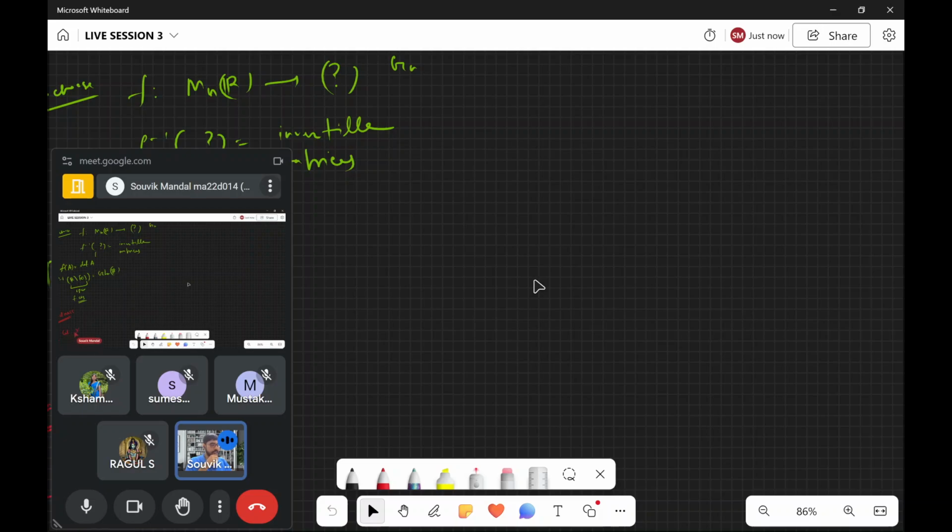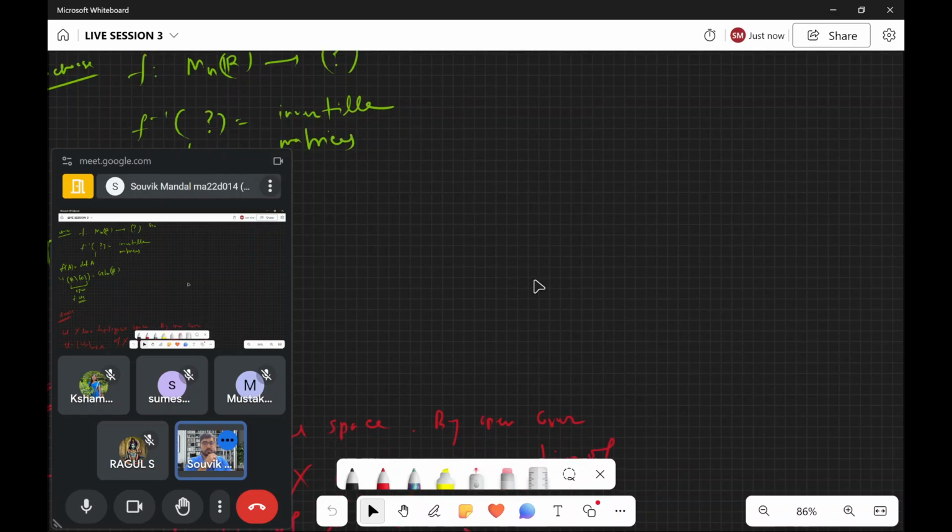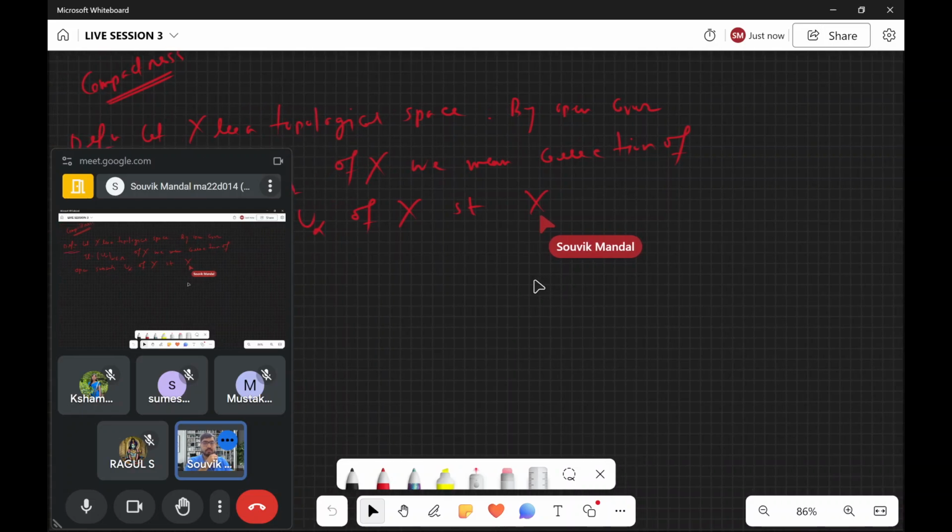So let X be a topological space, and by an open cover from X, a collection of open subsets of X.